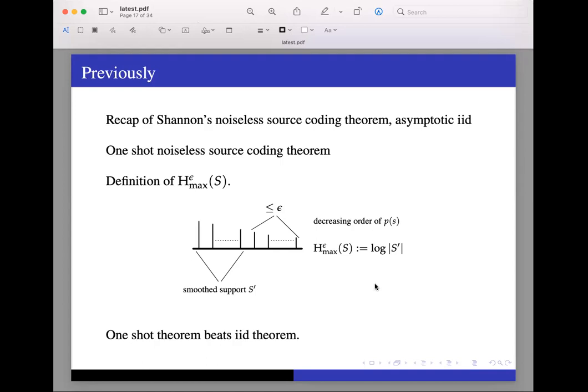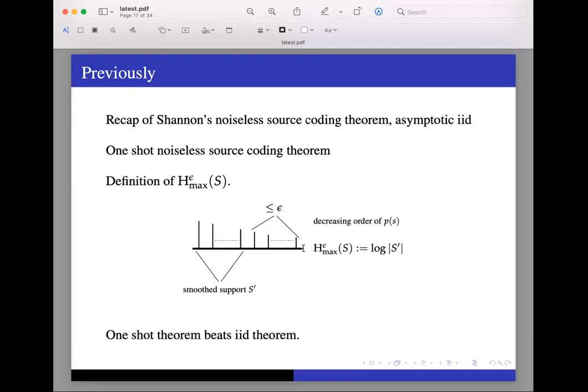So recall we defined this new smooth entropic quantity, H epsilon max. What is that? Take a probability distribution P_S, arrange the elements of the sample space in descending order of their probabilities like this, and then look at the smallest elements whose probabilities sum up to at most epsilon.